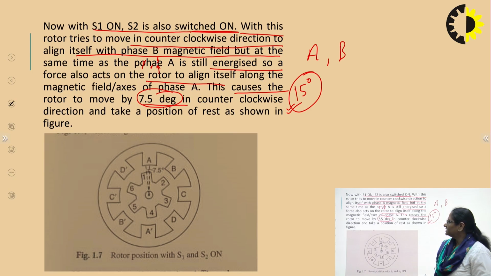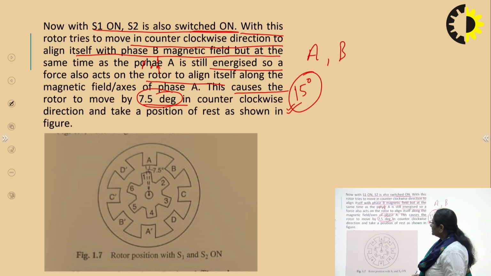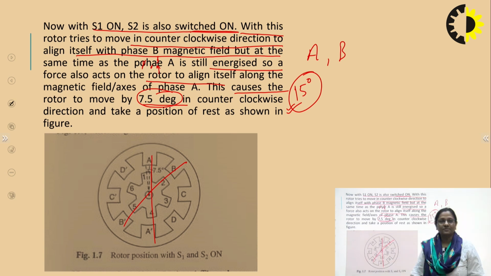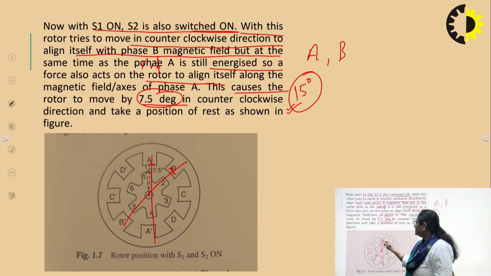Now the operation of the machine starts from the further sequence of energizing the various stator phases. Here, keep in mind one very important thing: the phase A magnetic field is acting on the rotor, and the phase B magnetic field is acting on the rotor. If phase B were acting alone, the rotor would have aligned itself perfectly with phase B. If phase A were acting alone, the rotor would have aligned itself perfectly with the phase A magnetic field.